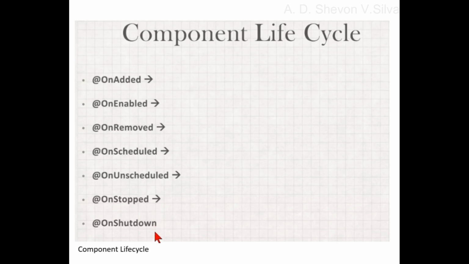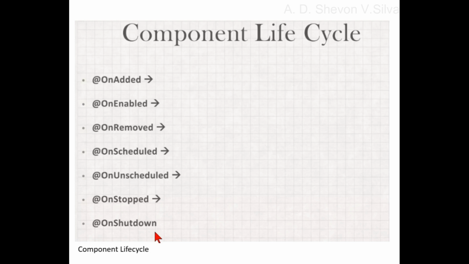@OnShutdown: any method annotated with the @OnShutdown annotation will be called when NiFi is successfully shut down. If such a method throws an exception, a log message will be generated, and the exception will otherwise be ignored, and other methods with this annotation will still be invoked. Methods with this annotation must take 0 arguments.